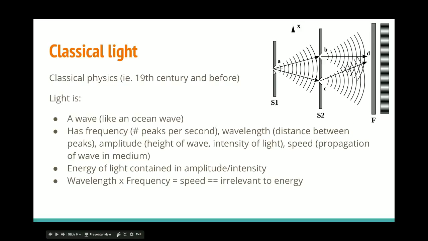So if you have a source over here, and it's a wave that radiates outward, like you drop a stone in a pond, and it comes up here to a wall that has 2 slits cut in it, then the wave will propagate through each of those slits. So it'll radiate out from this one, and it'll radiate out from this one. So you'll have 2 sets of waves coming and striking this wall.